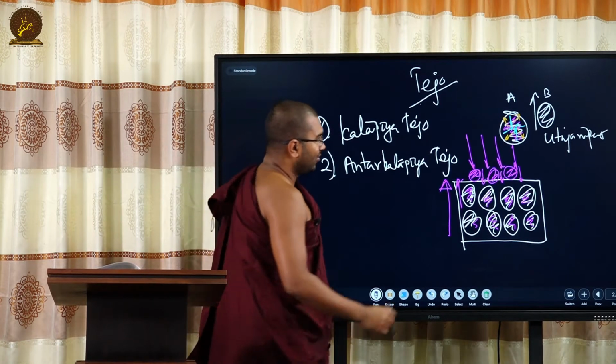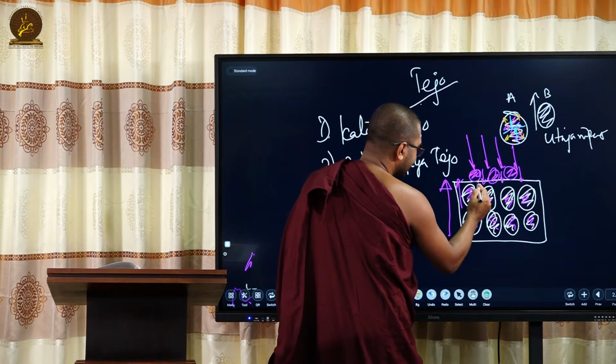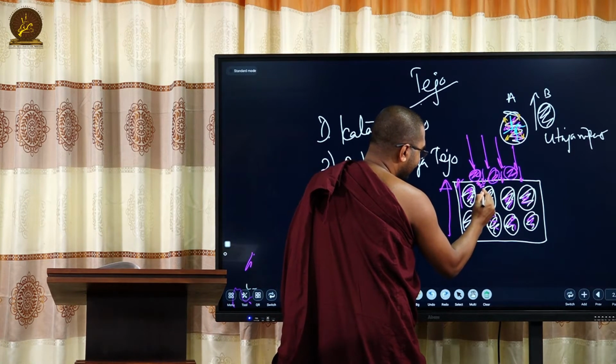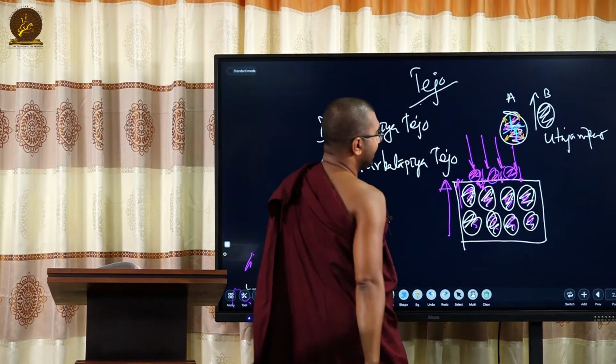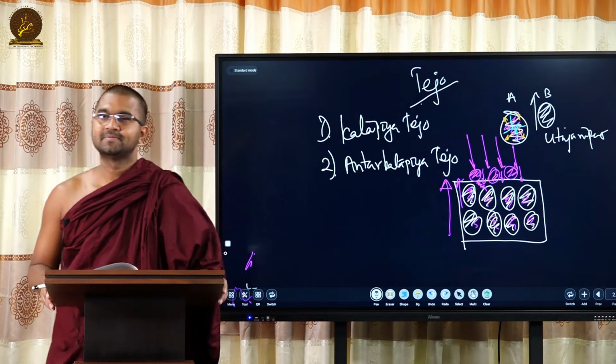What is the effect? If kalapas have their own limitations, it is clear that the effect of tejo can be seen between the kalapas, right?